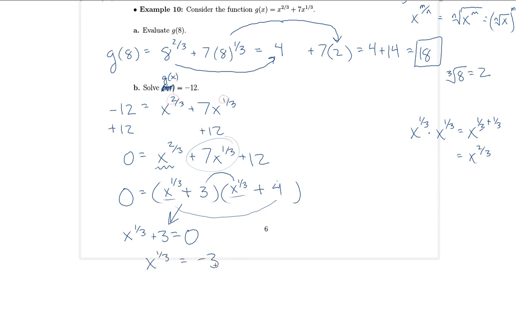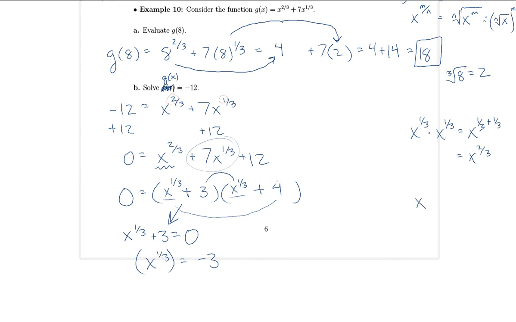So I have x to the 1/3 equals -3. All right. Now let's think about this for a moment. What do we know? 1/3 is really just a cube root, right? So to get rid of a cube root, we would cube, right? Or another way to think of it is, what power should I raise to in order to make the exponent go away?